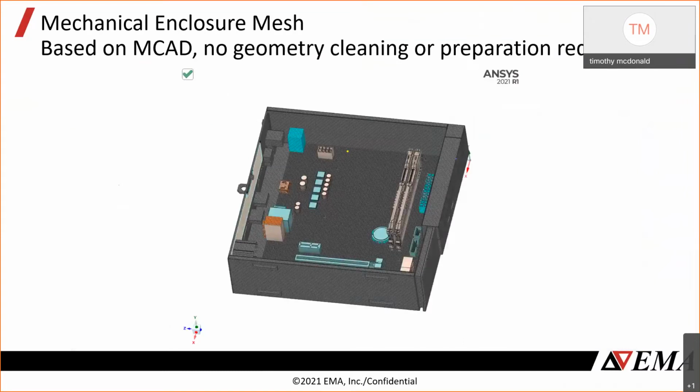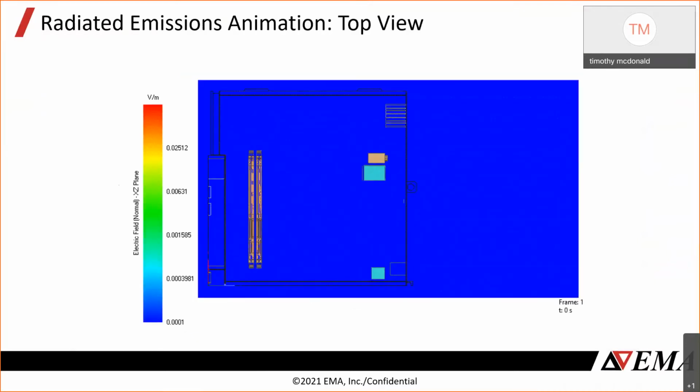And then this shows what the mesh looks like of the mechanical enclosure. In this case, it's based on the mechanical CAD, no geometry cleaning or preparation required. And again, our full workflow is in SpaceClaim, so we really can think just like we normally would in our 3D CAD environment. We don't have to spend time cleaning or preparing this model.